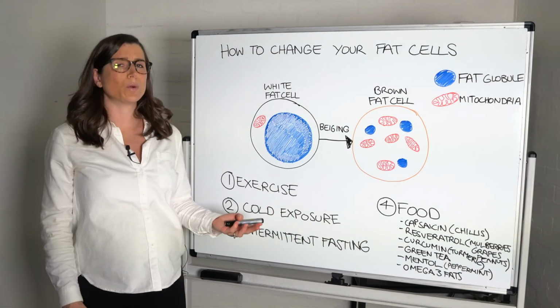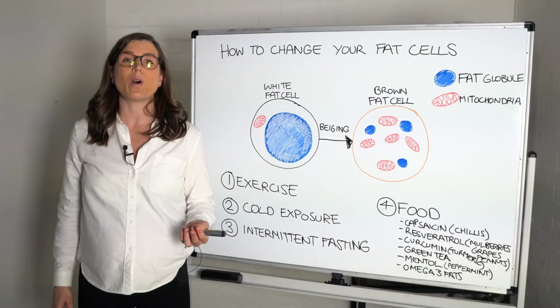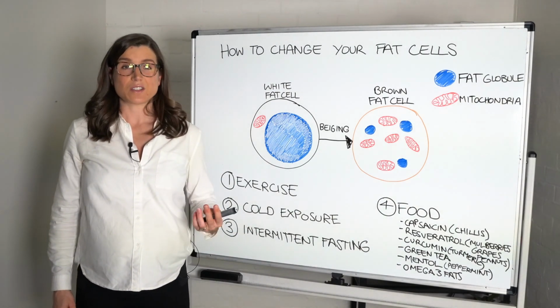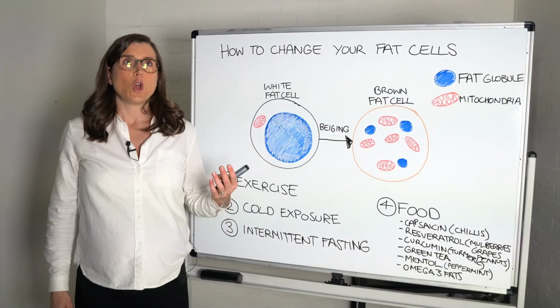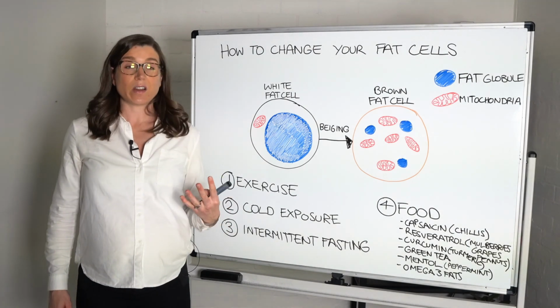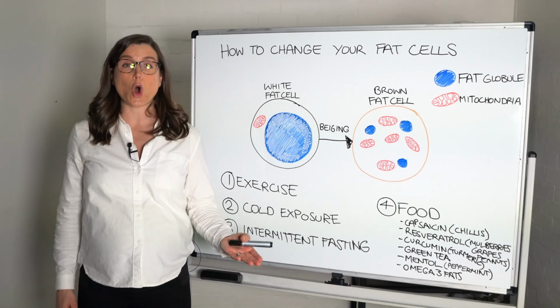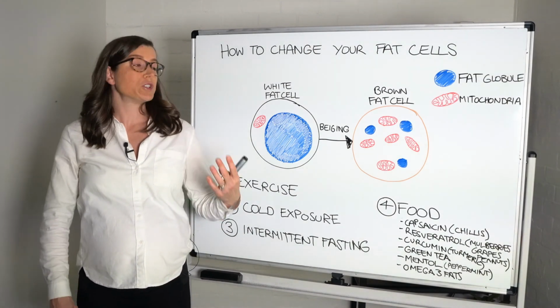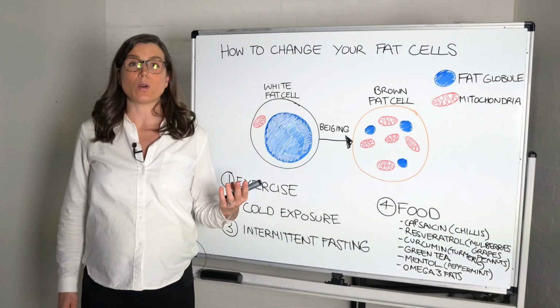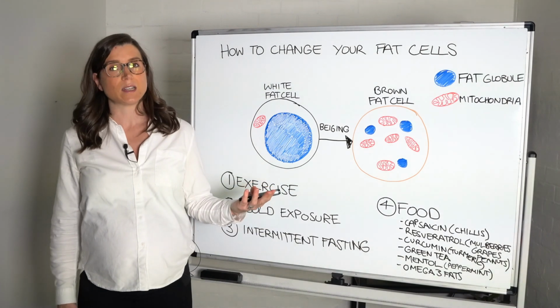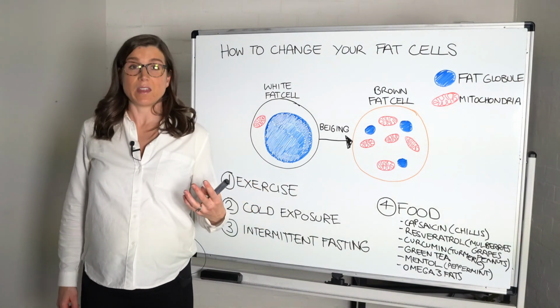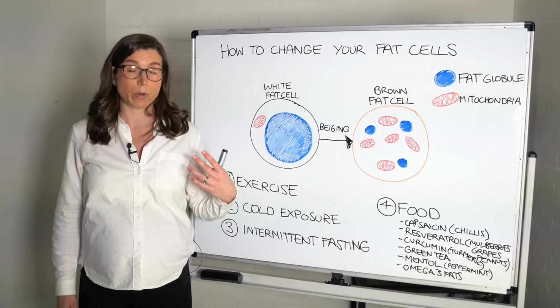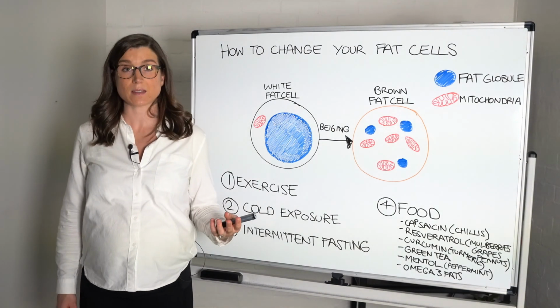So this is all a classic example of epigenetics. So epigenetics is basically when things in our environment can turn genes on or off to produce either a favourable effect or a not so favourable effect. So we can actually manipulate things in our environment to promote these beneficial health effects.